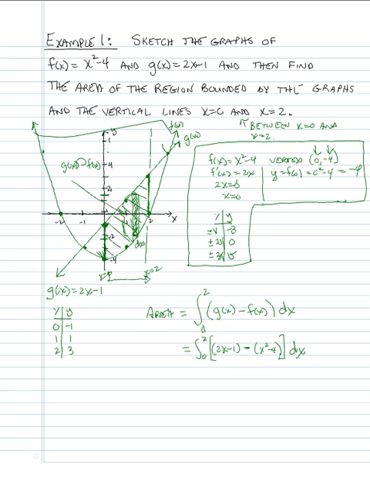So what we'll do at this point is simplify algebraically what we have in those brackets. This will end up being a 2x minus 1, and then a minus x squared, when we distribute that negative sign, and negative of negative 4 is plus 4.